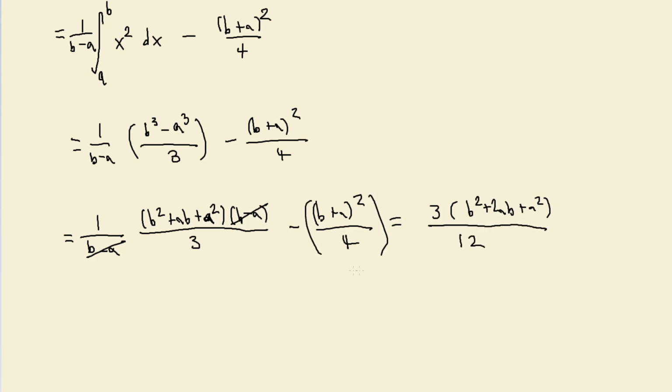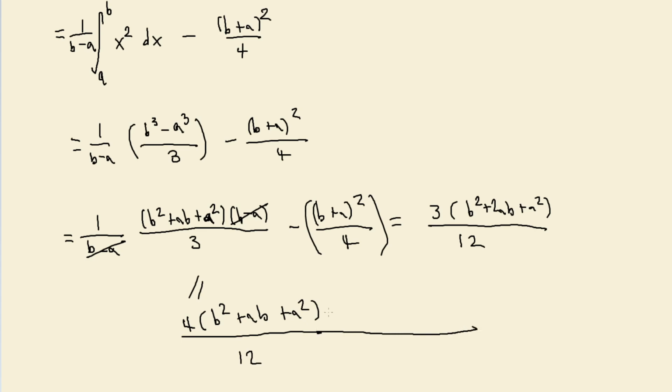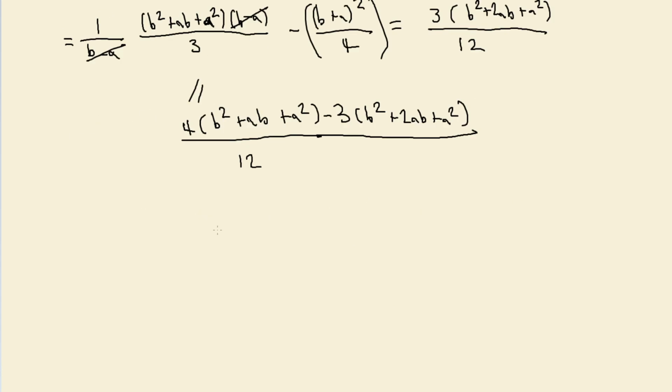And then this part is going to be equal to 4 times (b squared plus ab plus a squared) over 12. And so we have 4 times this minus 3 times (b squared plus 2ab plus a squared). And so that's going to be this expression simplified a little bit.